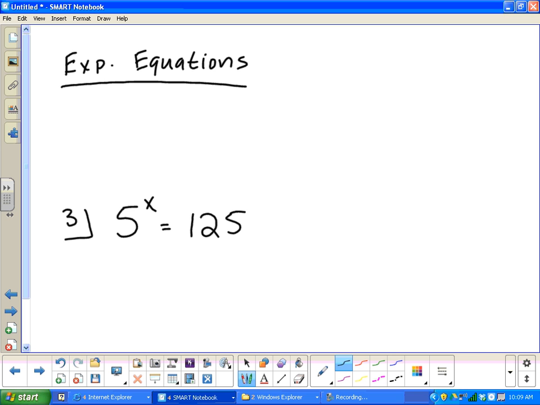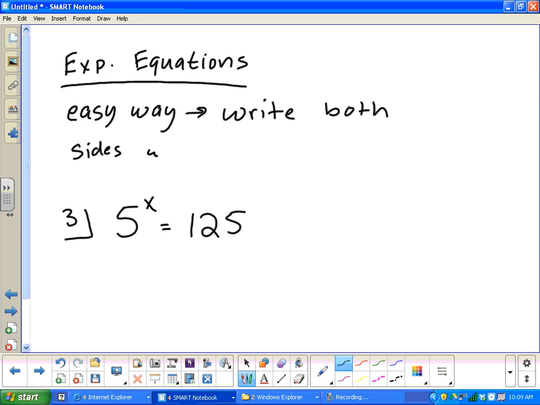So the easy way is to do this: you write both sides with a common base. You want your base to be the same. So my bases in these problems would be the 5 and the 125.